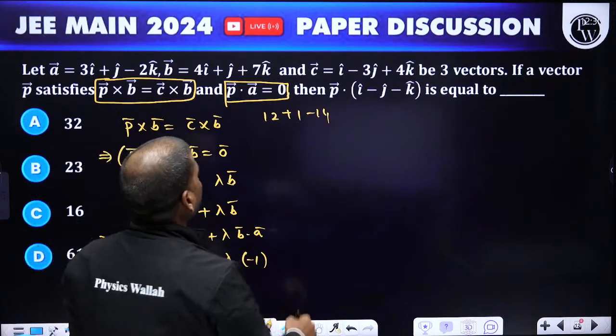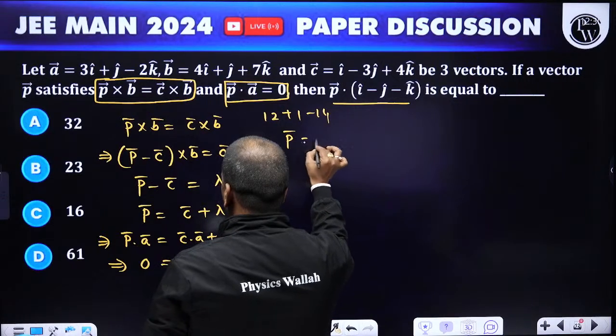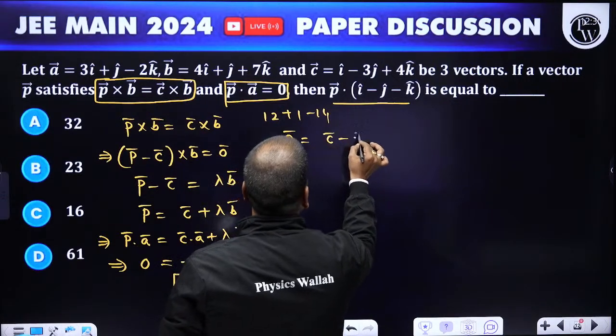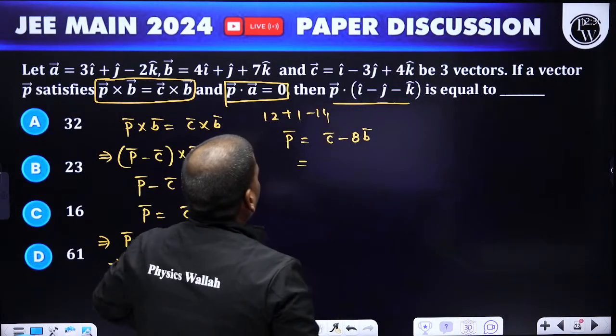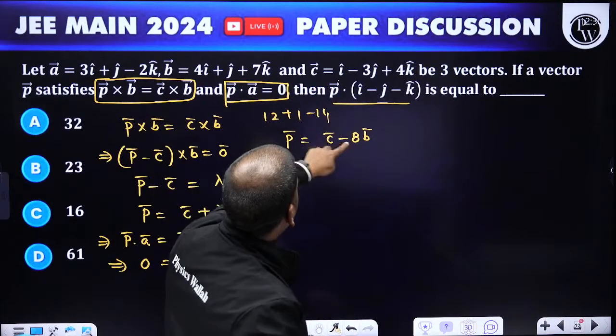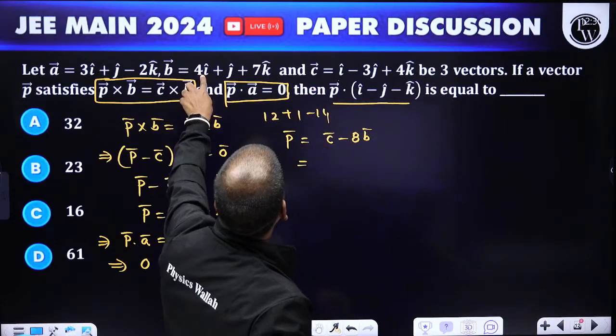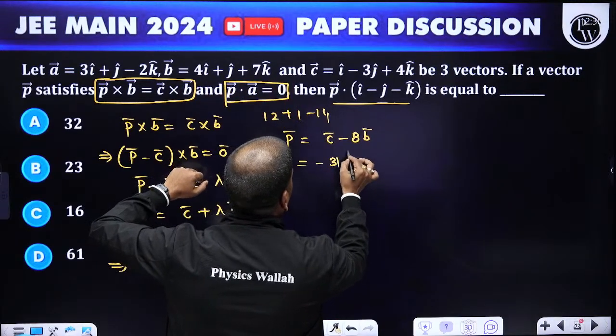So if lambda is minus 8, we want P bar. So P bar is C bar minus 8B bar. Yeah, we'll write it directly. C bar, 1 minus 8 times 4, 8 4s are 32, 1 minus 32, so minus 31 I cap.